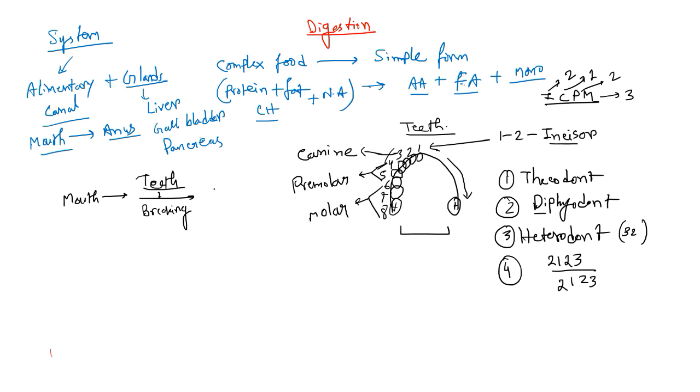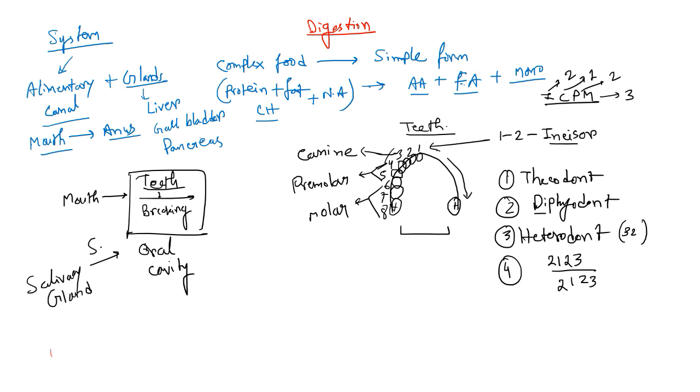And the tongue plays the food properly. Also in this area, which is known as the oral cavity, the glands known as salivary glands mix saliva, and the food components are mixed with saliva, and this is known as bolus.